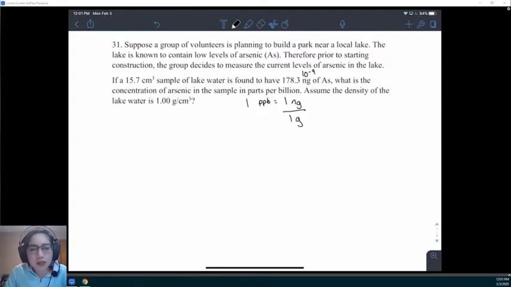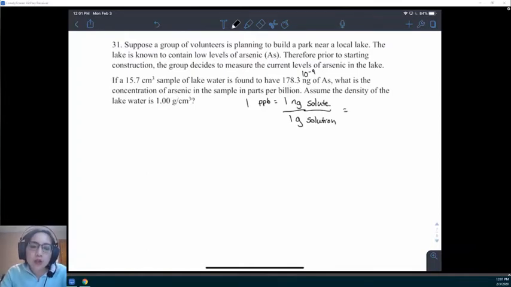So if you report something in nanograms of solute over grams of your solution, that will be equal to a ppb. So I'm using a mass and a mass on top and bottom. That's one way you can describe ppb as a concentration.